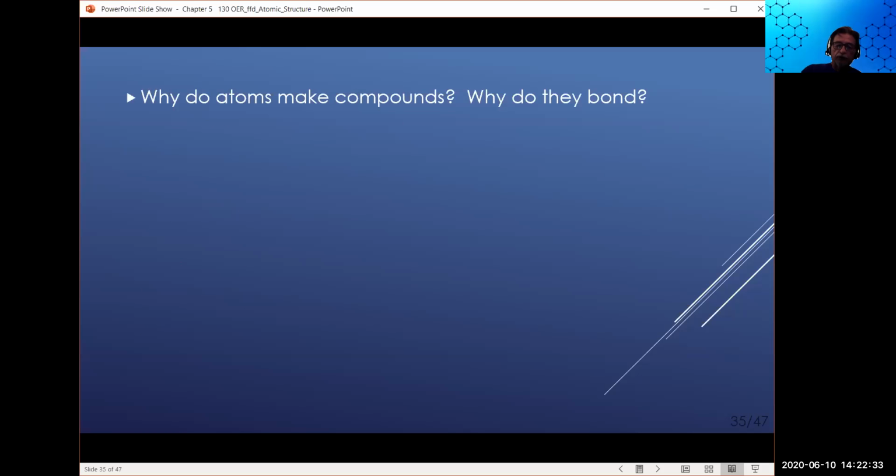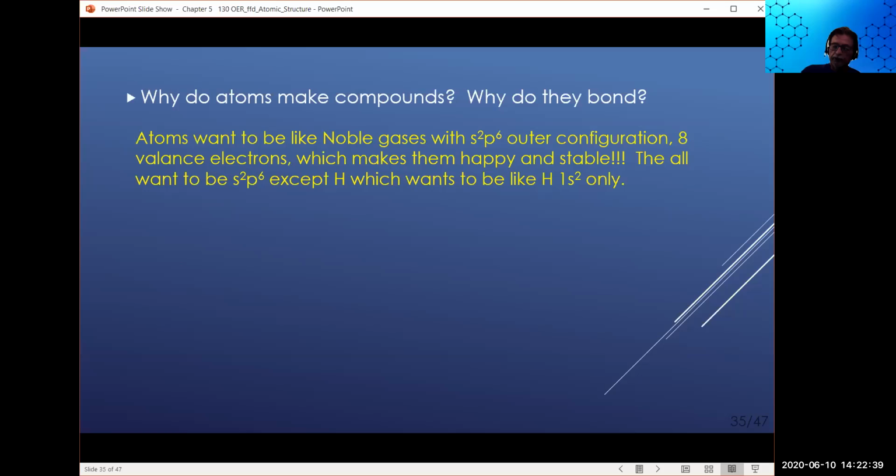All right. So the question is, why do atoms want to make compounds? And why do they bond? Well, just like I was explaining a minute ago, the driving force for chemical reactions is to make stable species. One of them may lose an electron while the other one gains an electron, because they tend to be in a more stable state by either losing or gaining electrons.